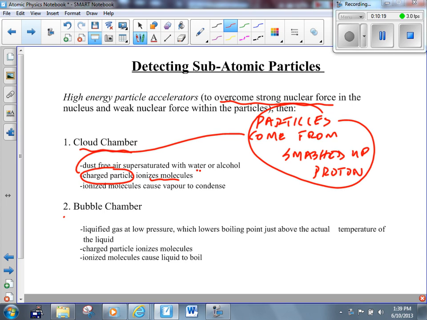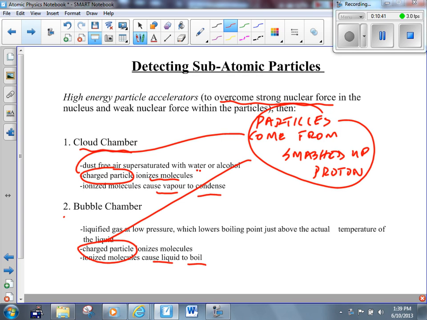Now these charged particles that come from the smashed up proton, the things that make up the proton, they cause ionization again. These ionized molecules, instead of causing the gas to turn into a liquid, cause the liquid to turn into a gas.